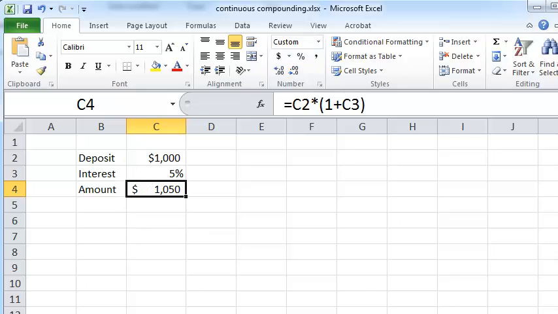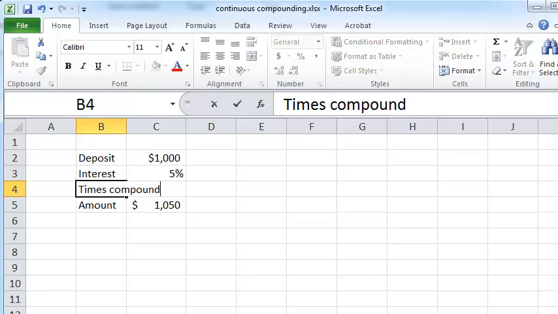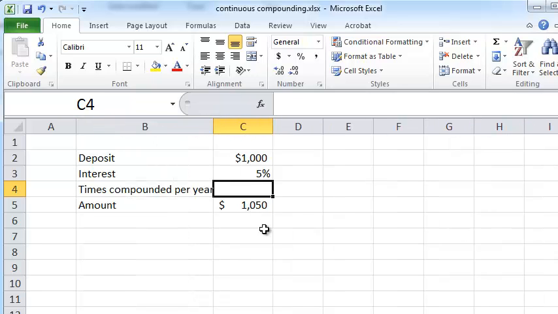Now what if the bank offers to compound your interest twice in the year? That means once every 6 months. So then the times compounded per year is not 1, but twice.